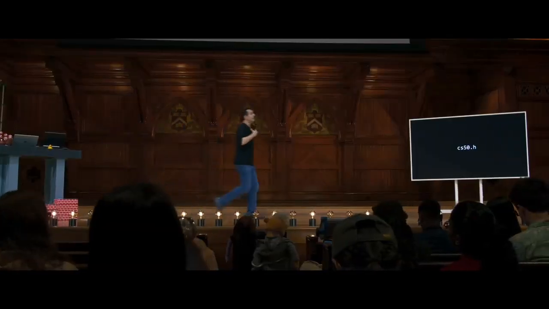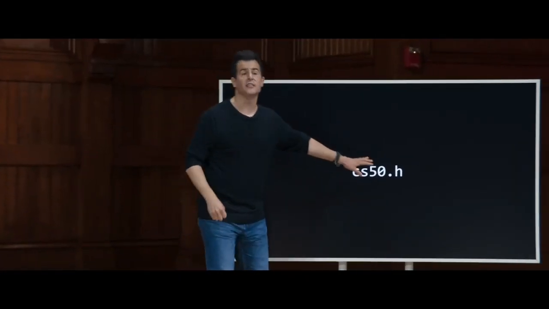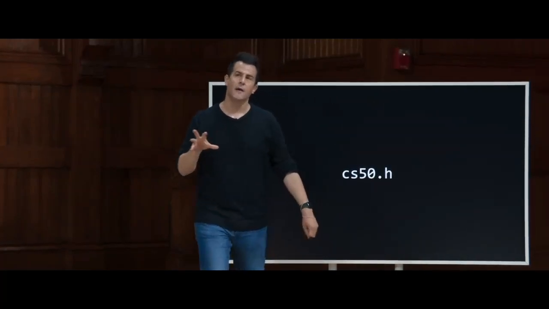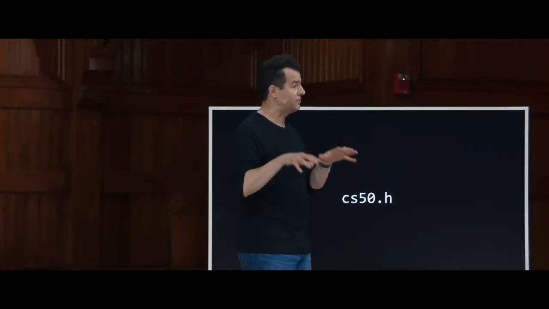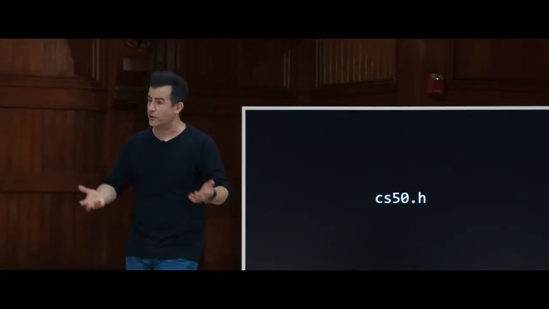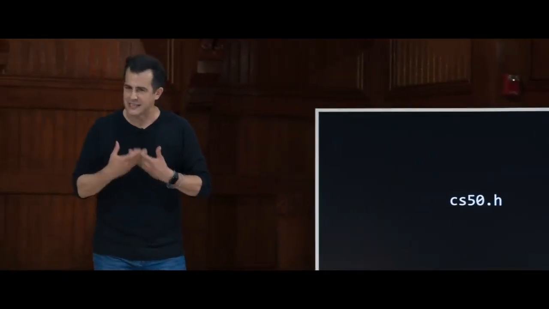But what is important to know for CS50 today is that we have our own header file called cs50.h, which has functions that we have written just to make life easier in the first few weeks of the class. These are training wheels that will eventually come off. It turns out in C, especially if you've programmed before, it's really hard and annoying just to get input from users, to get them to type a word or a number or something else.